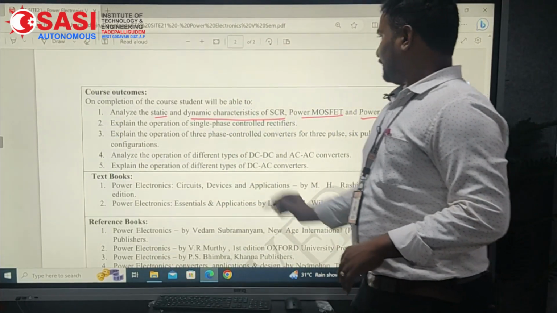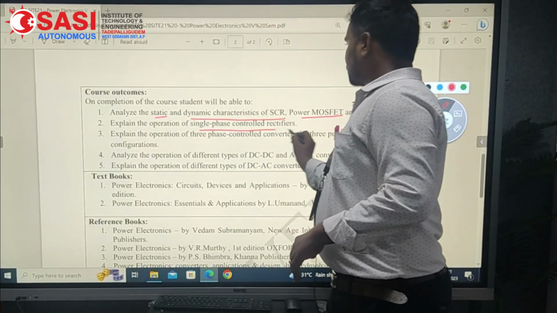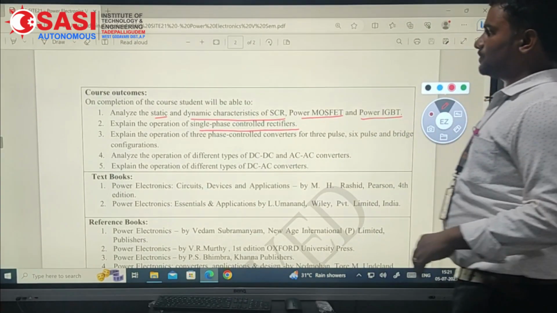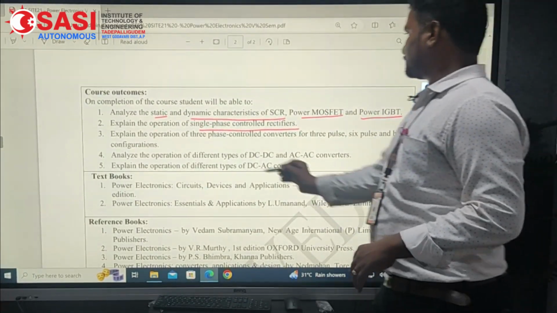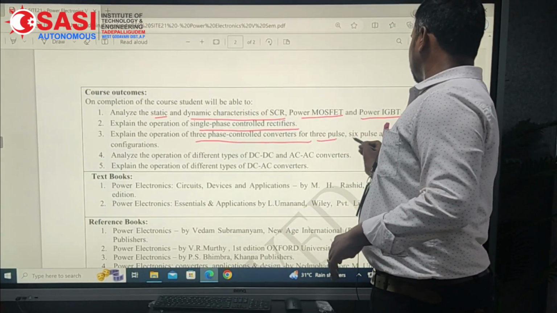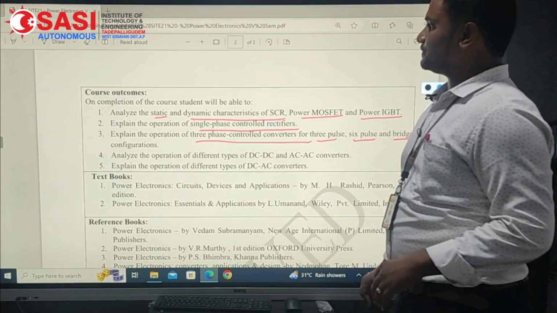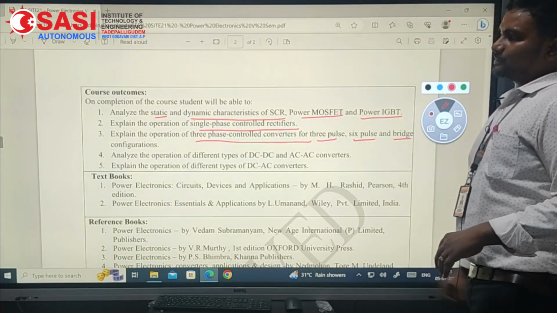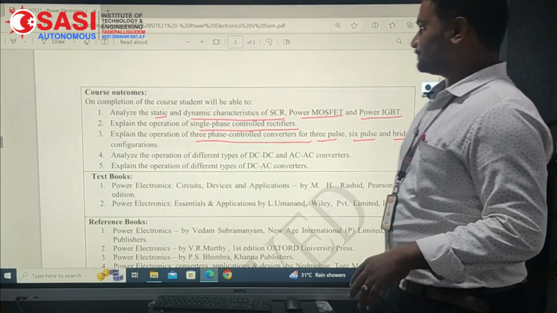rectifiers. And the third outcome of the third module is to analyze the three phase controlled converters with 3 pulse, 6 pulse and bridge configurations and their expressions for voltage and currents.